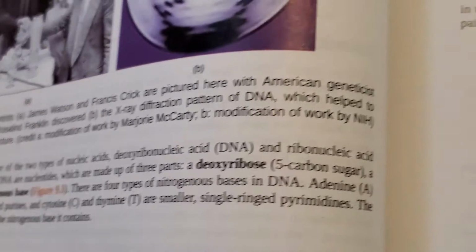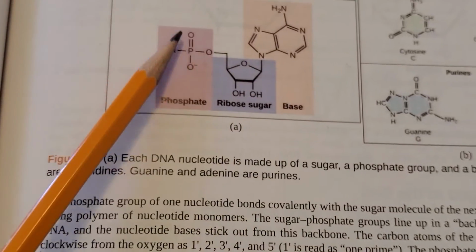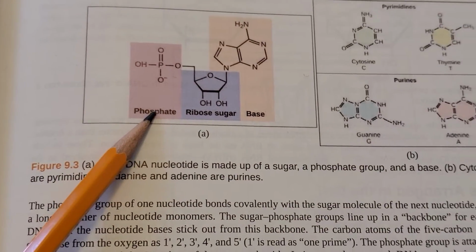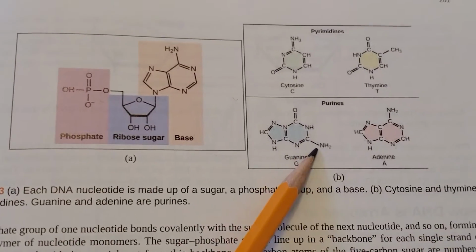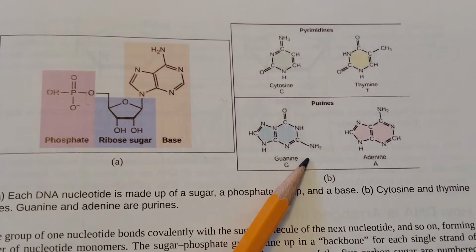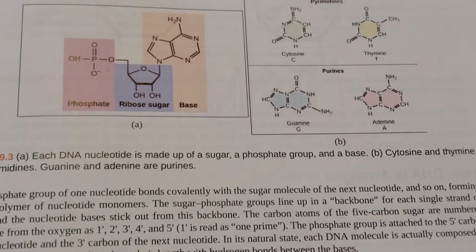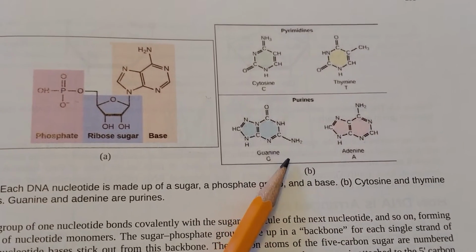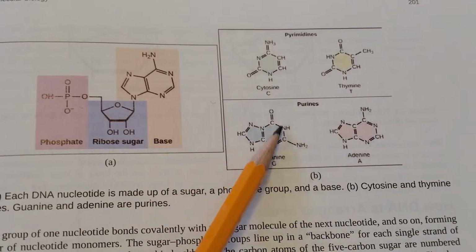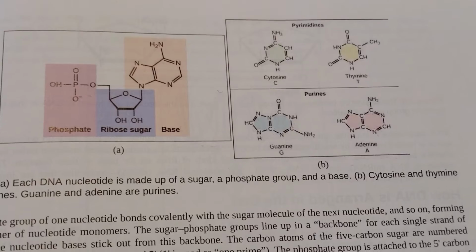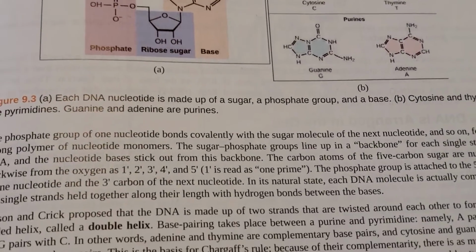But as you move your eyes over here, ask yourself, oh yeah, this one here is the nucleotide, and these are the nitrogenous bases, okay? And then as you read this page, we're going to learn about how they are complementary bases. And this is called Chargaff's rule.